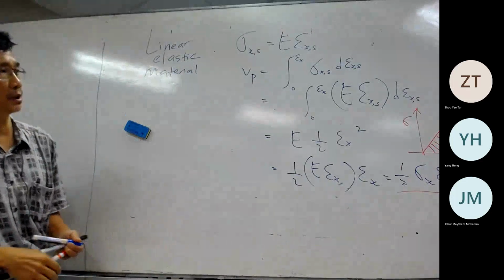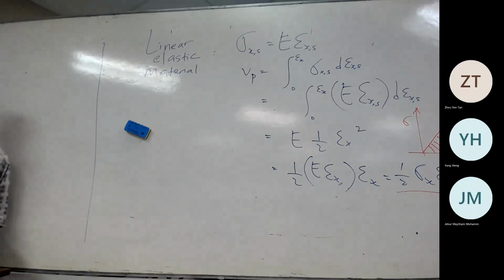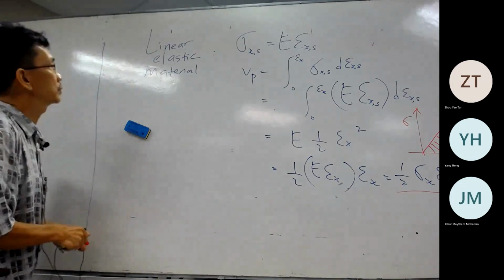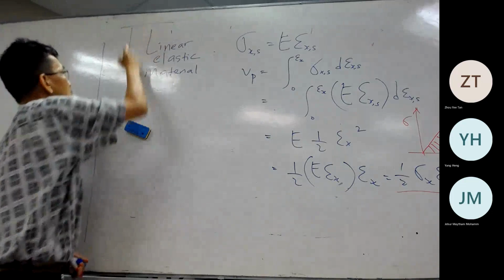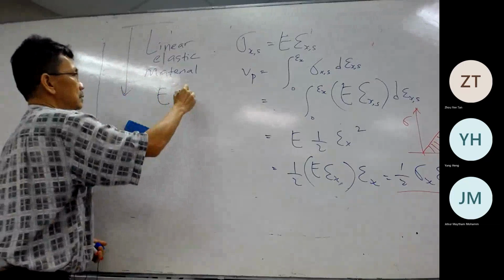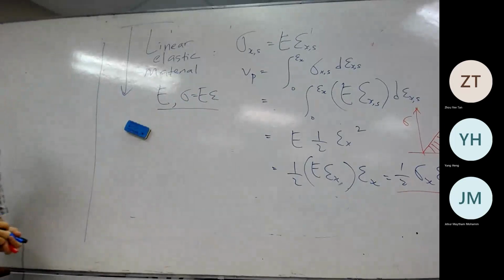So for linear elastic material, the stress-strain relationship is a straight line, and the strain energy density is given by half sigma multiplied with epsilon. From now on, we restrict ourselves to linear elastic material, which satisfies Hooke's law.